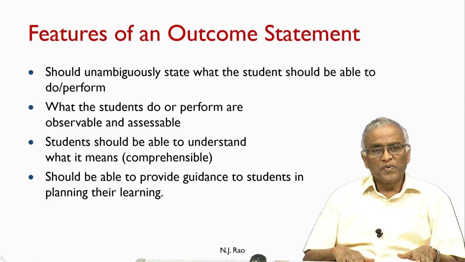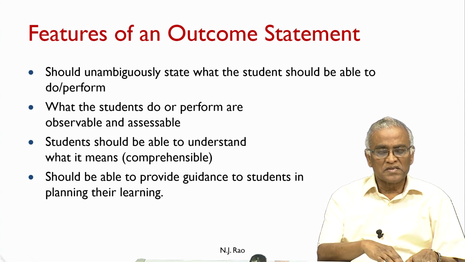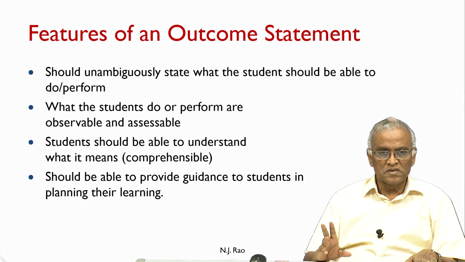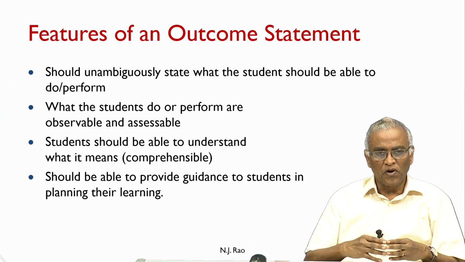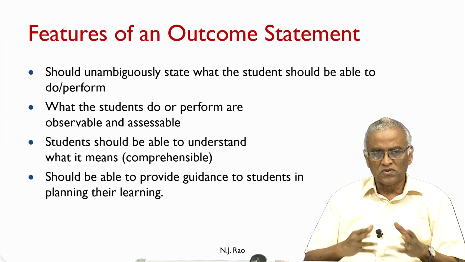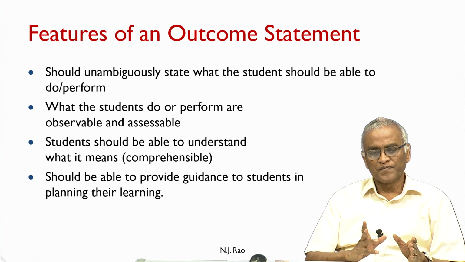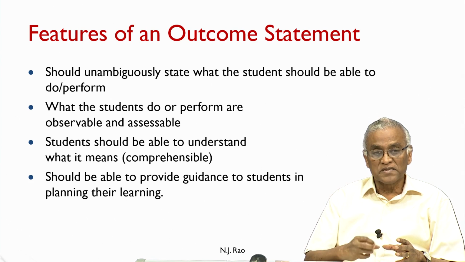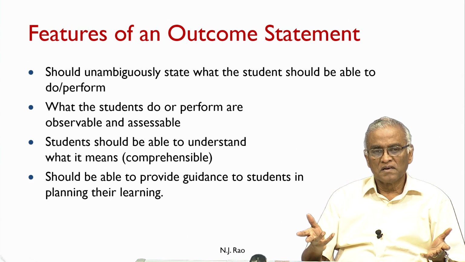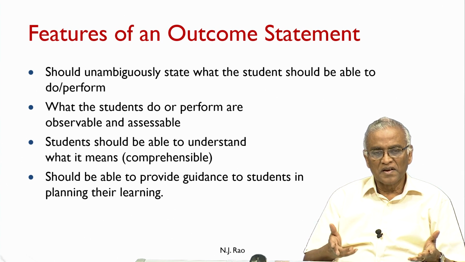And another important one is, when you write some outcome statement, it should be observable, and accessible. Because outcome statement is related to what students should be able to do or perform, whatever that performance is should be observable, and also it should be measurable. If it is not measurable, it is not an outcome.